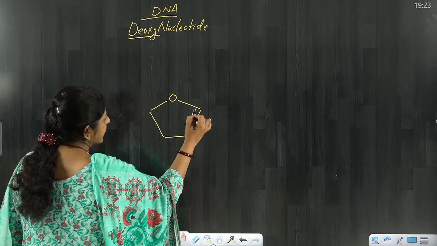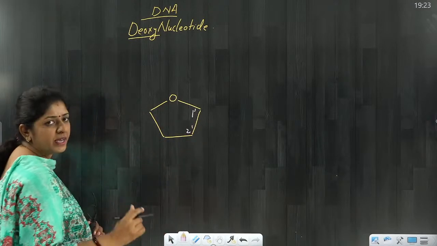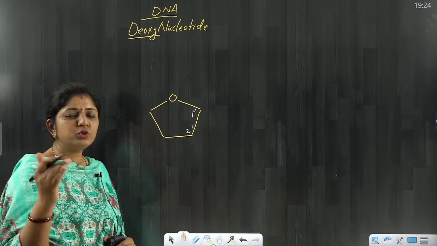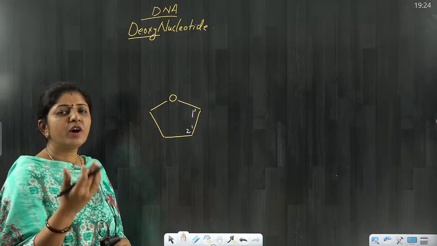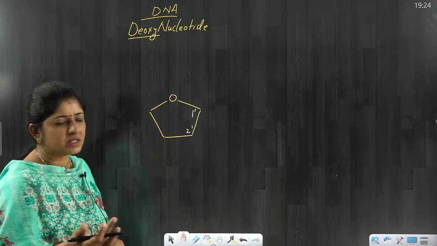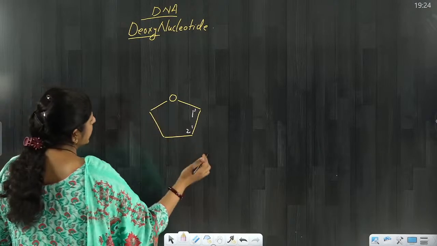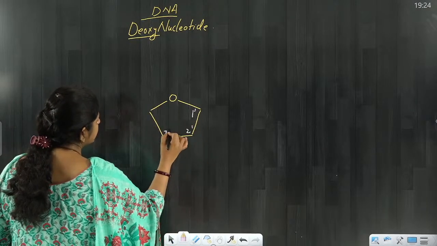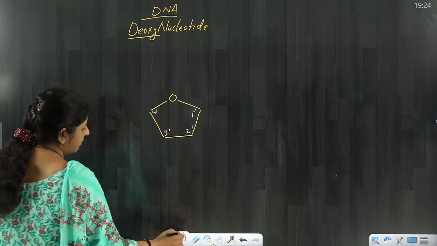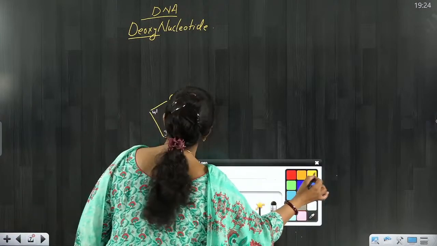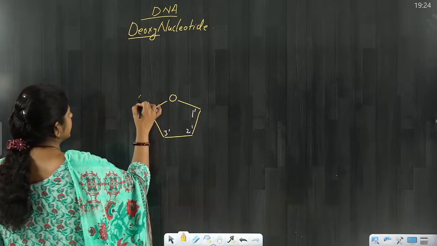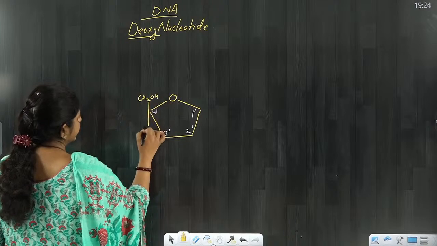Keep in your mind, prime positions are for sugars. If I am not writing prime, simply 1, 2, 3, 4, 5, it is for positions in the nitrogen bases. So for the deoxyribose sugar, 1 prime, 2 prime, 3 prime, 4 prime, and 5 prime will be on the side branch, CH2OH.